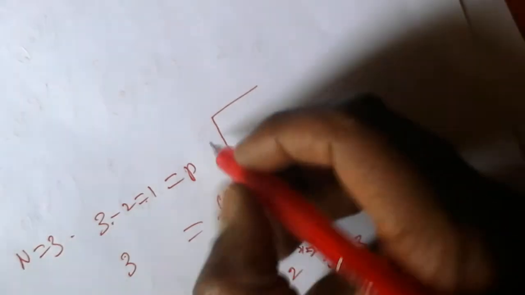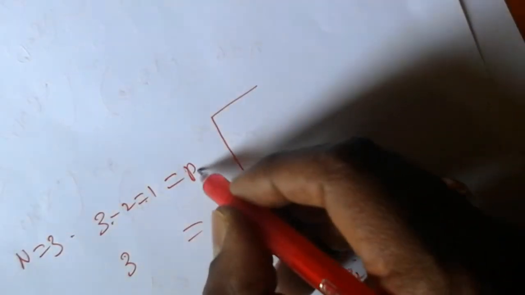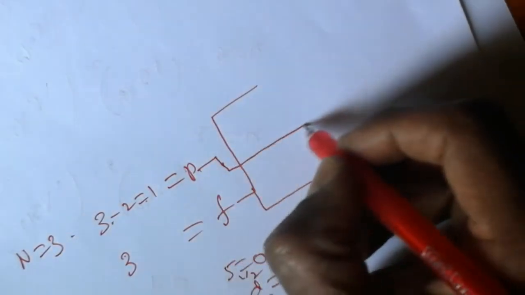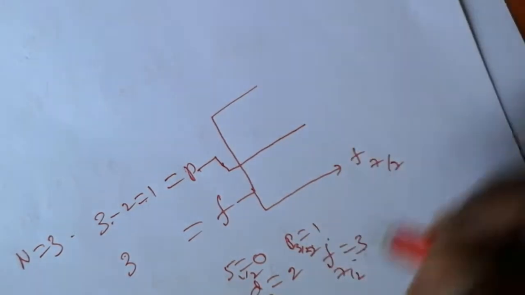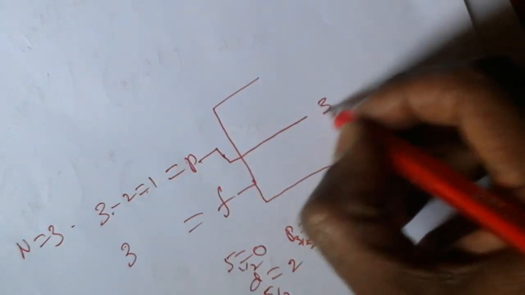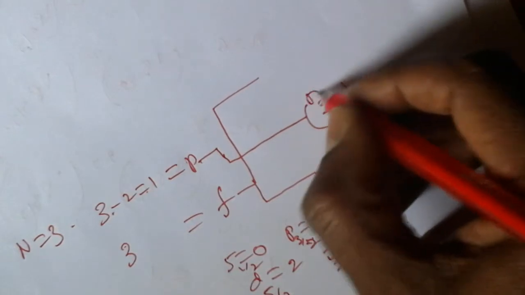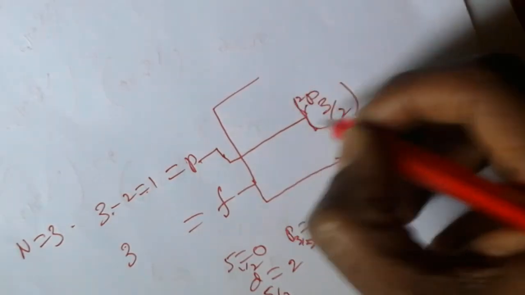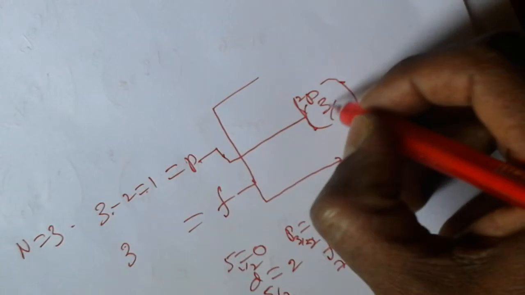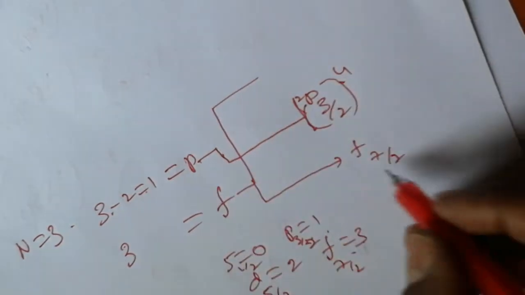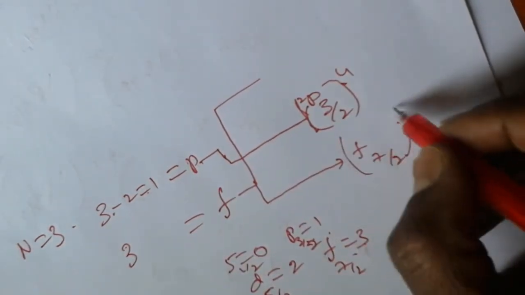Then p also divides into 2, 1p is 3 by 2, and second time we are getting p, so 4 you are getting. Here f 7 by 2, so power is 8.